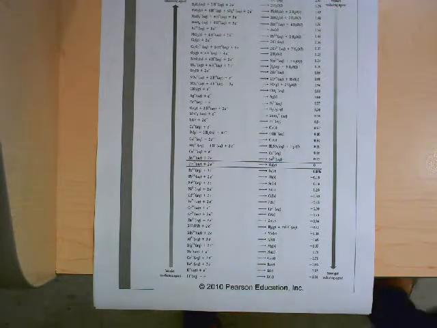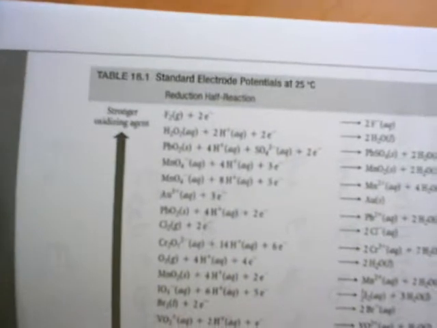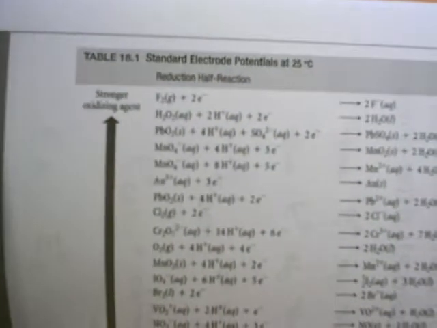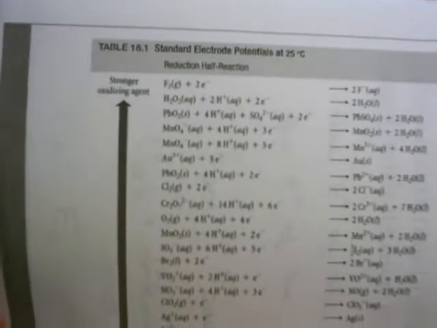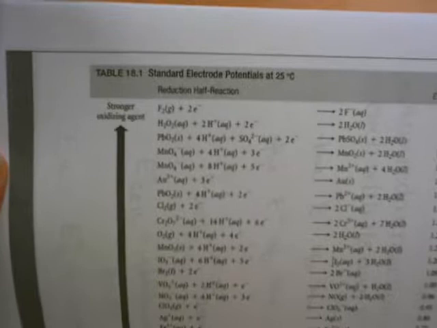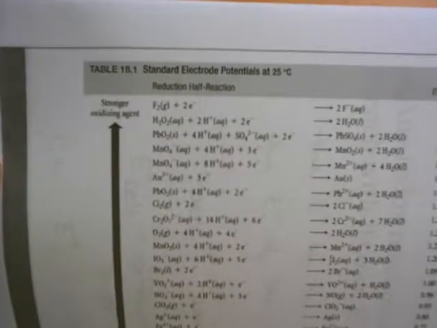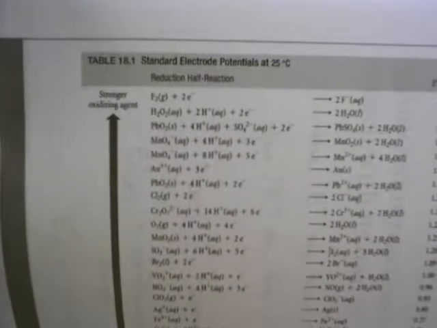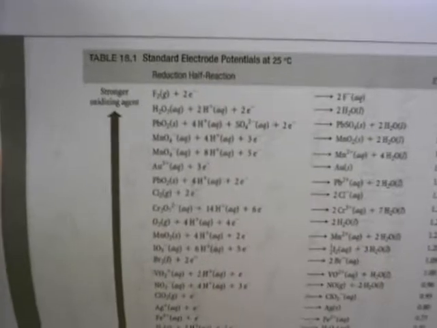Looking at this, it's a little hard to tell. Let's see if I can pull it up here. Alright, so it says standard electrode potential is at 25 degrees Celsius. What is the thing it says right underneath it, if you can read it? This entire table is only reduction half potentials.